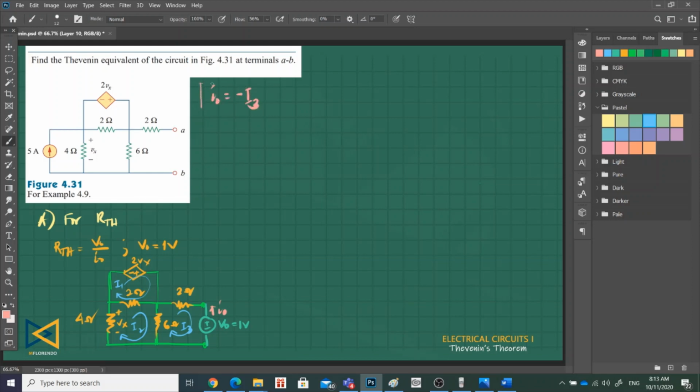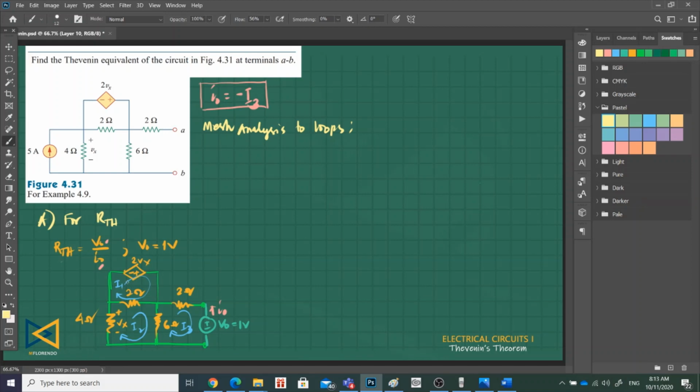So, ito yung equation natin. Yan yung goal natin, mahanap si I sub 3, tapos makukuha natin si I sub O, substitute natin dito, meron tayong V sub O, makukuha natin yung RTH. Okay, so we will apply mesh analysis, mas mabilis yun. Mag-apply tayo ng mesh analysis to loops.